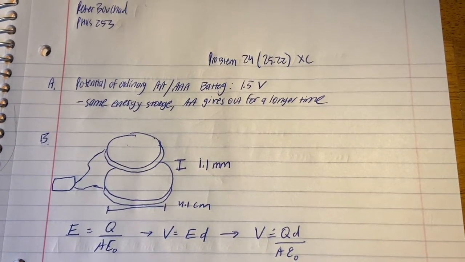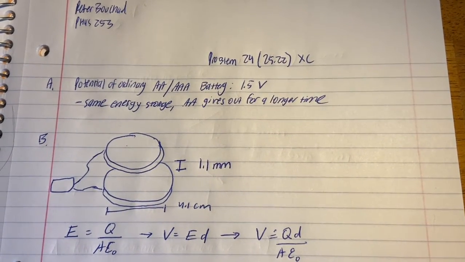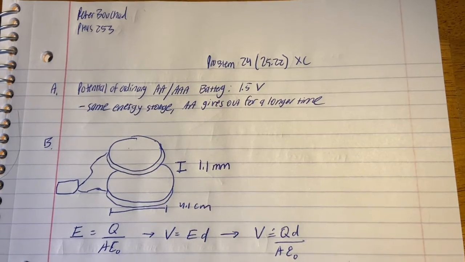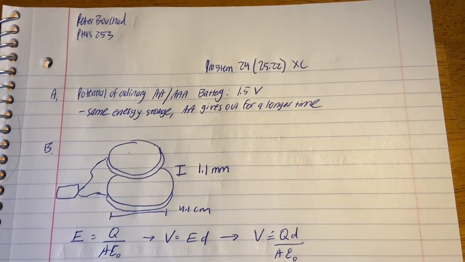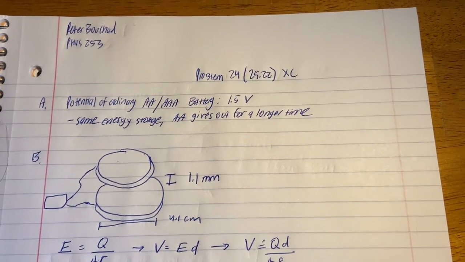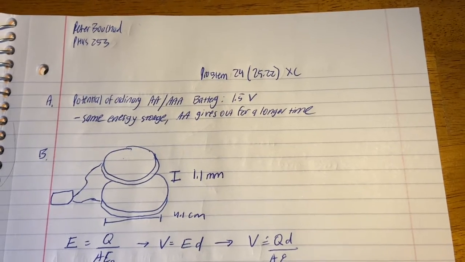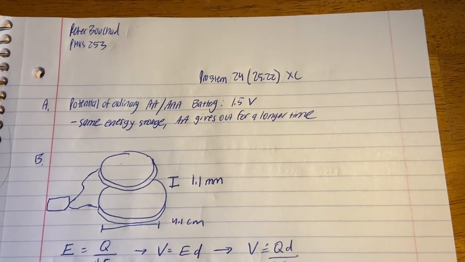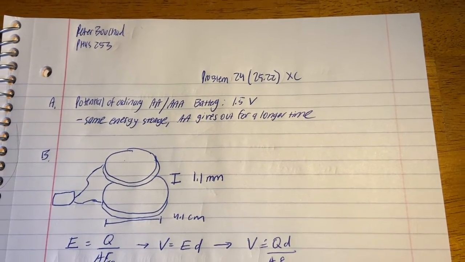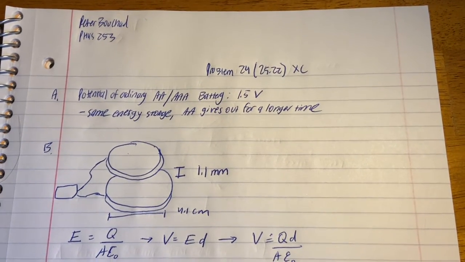I was actually unaware of this, but if you look at the battery, sure enough, it's 1.5 volts, and the potential for an ordinary AA or AAA battery will be the same. I didn't know this, but it's the difference in the potential of the positive and negative terminals.